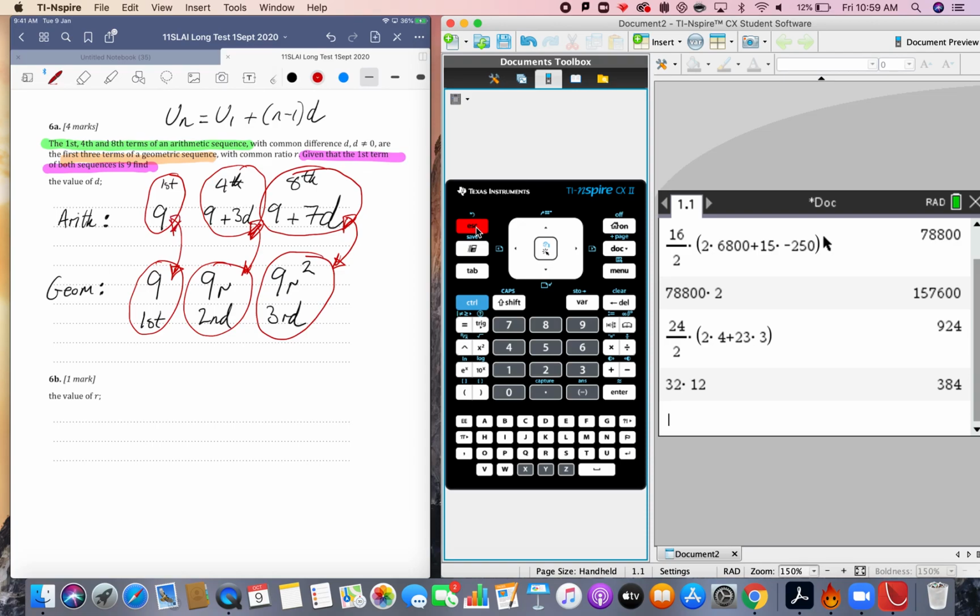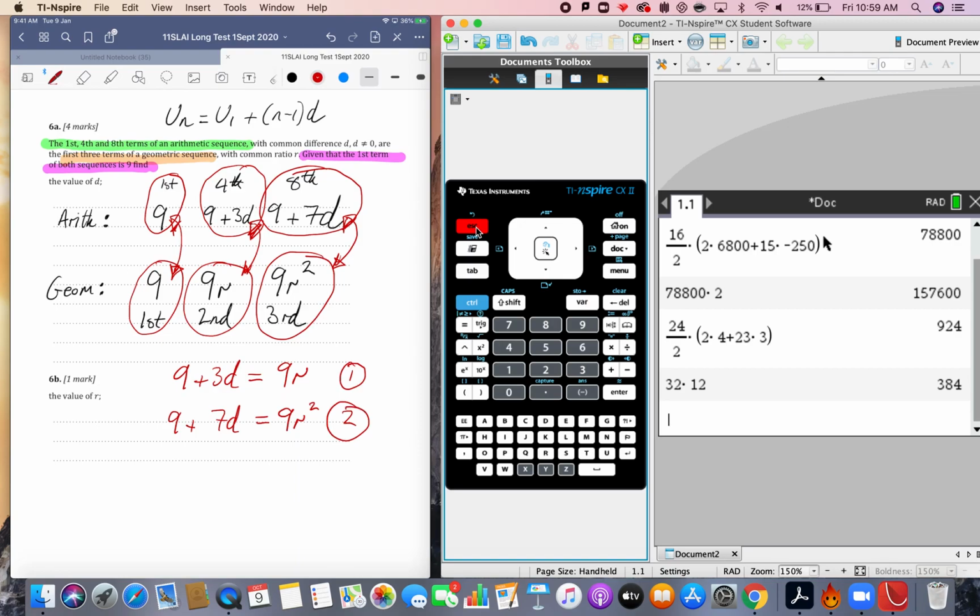But then we have 2 equations. 9 plus 3d equals 9r, first equation. Then the second equation, 9 plus 7d equals 9r squared, the second equation. Now this is going to be quite a tough simultaneous equations.